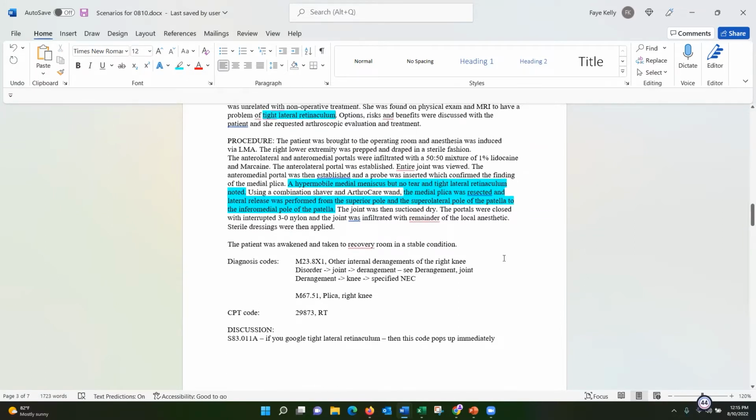Right, in the procedure, after the prep, a hypermobile medial meniscus but no tear, and a tight lateral retinaculum was noted.